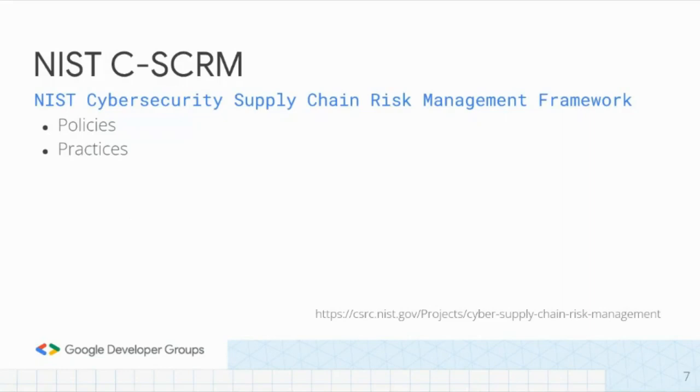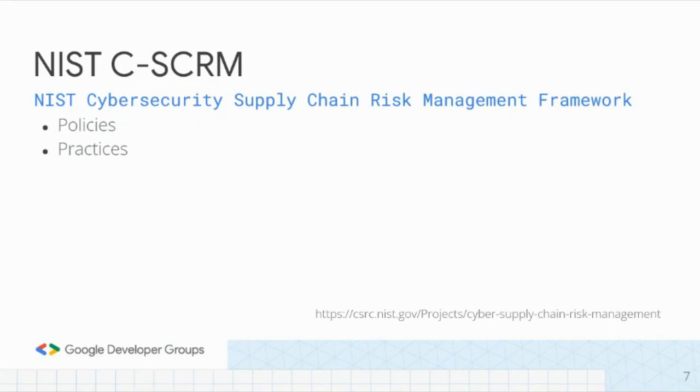So NIST. I'm just pressing the wrong button. Sorry. NIST published this cybersecurity supply chain risk management framework. Sorry, it's a mouthful. NIST-CSRM. It's a program and also a framework that defines a set of policies, enterprise-wide and practical, and a few practices to help companies mature in cybersecurity supply chain risk management.